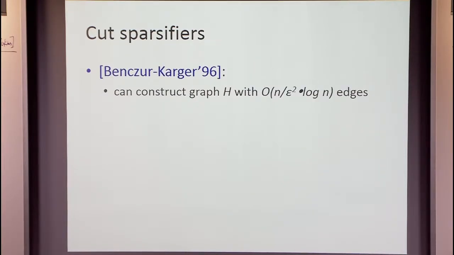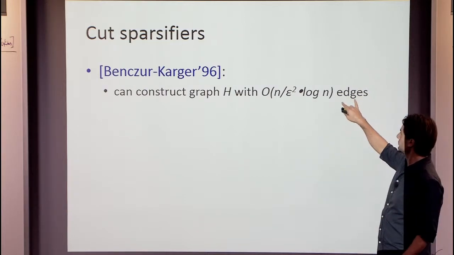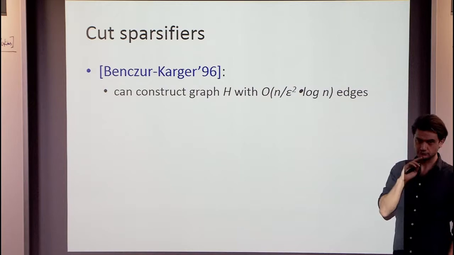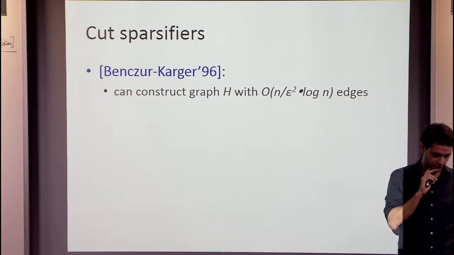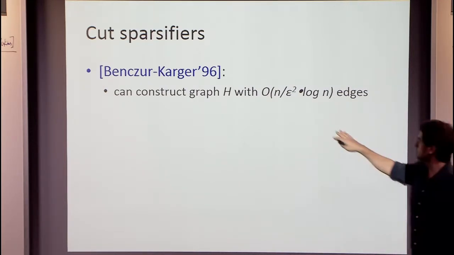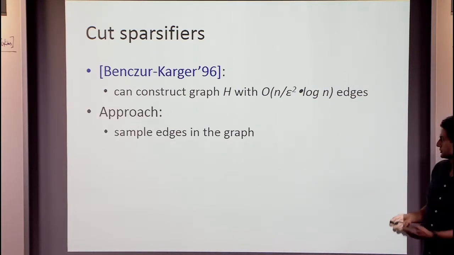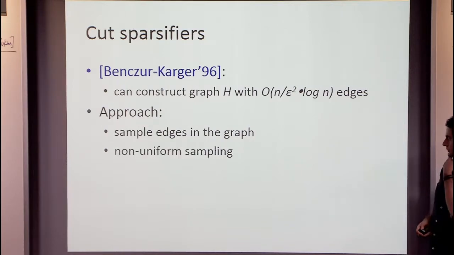Okay, so a very classic result is Benczúr-Karger from '96, which says that we can construct a graph H whose number of edges is only n divided by epsilon squared times a log factor. So we can start from potentially a quadratic size graph and get to something which is n divided by epsilon squared times log n. The general approach is to sample edges in the graph.